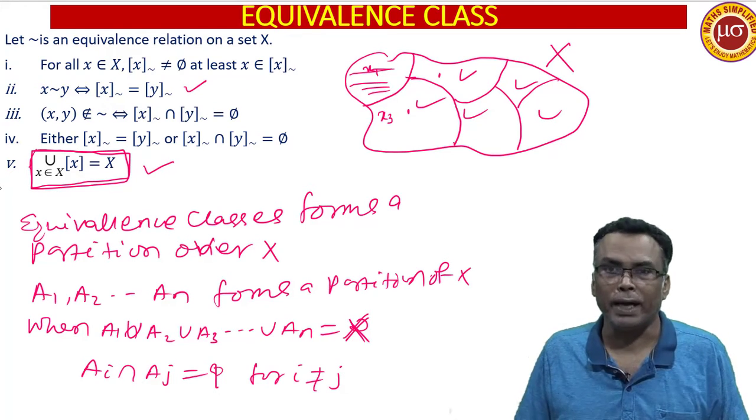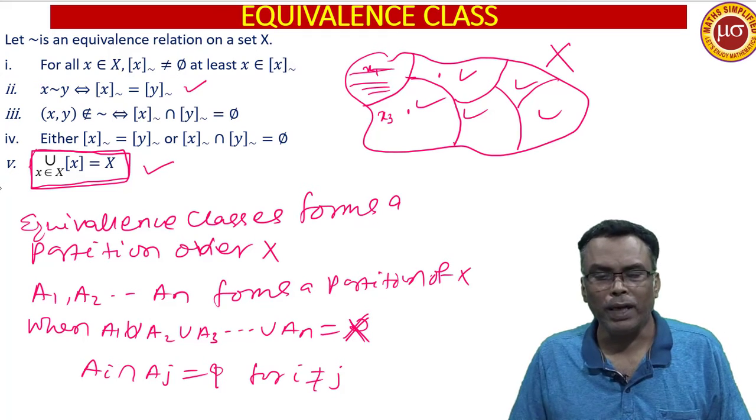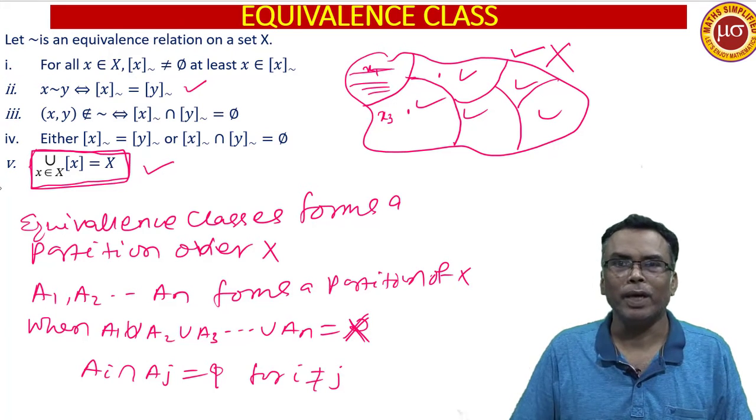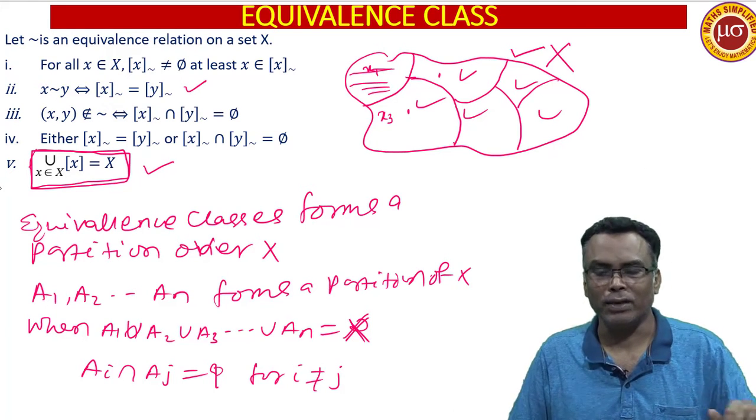That is known as a partition. So the equivalence classes make a partition of the set, dividing the set into separate parts.